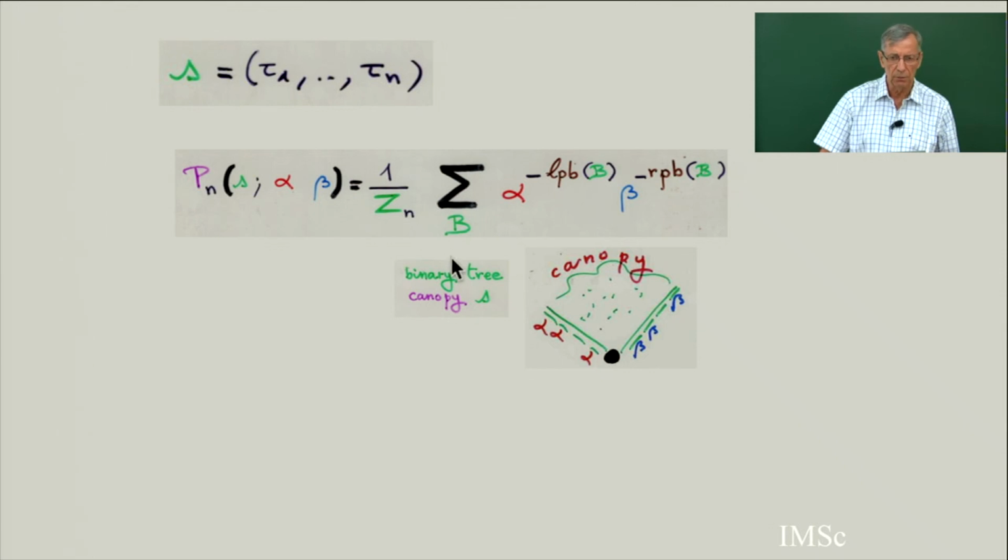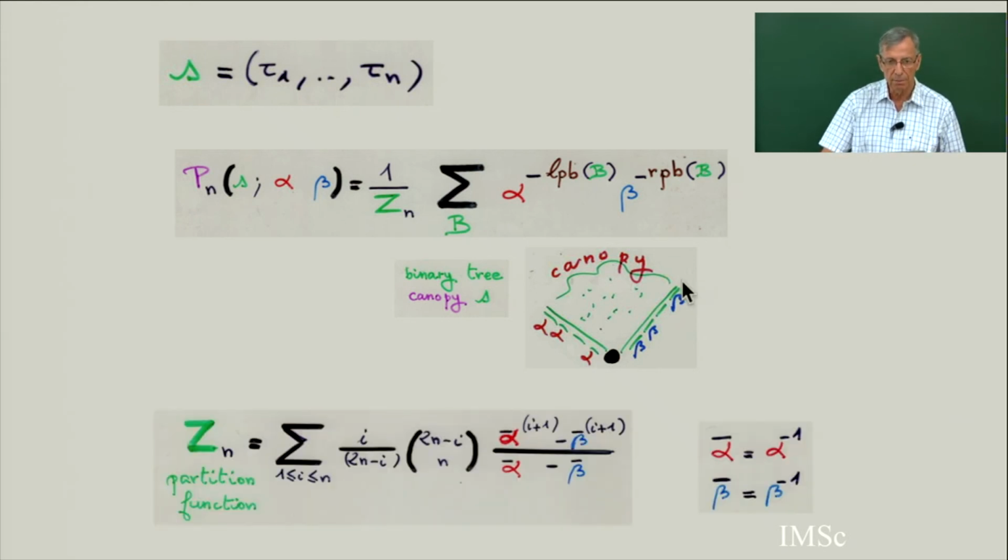This sum is over all binary trees with canopy tau. So it's a nice interpretation of the probability. You get a state of particles, empty or full, and the stationary probability is exactly the sum over all binary trees with fixed canopy, weighted by the lengths left and right.